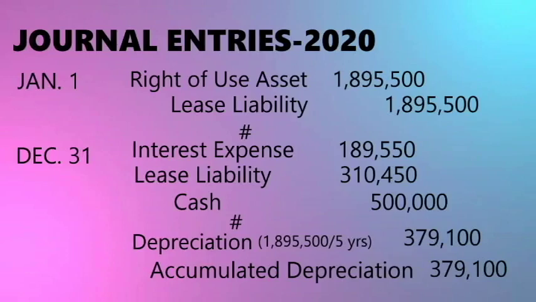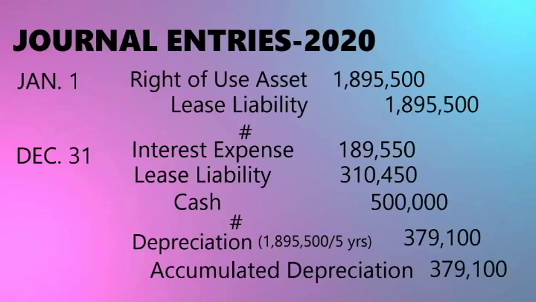So now, we will prepare journal entries for 2020. So January 1, mag-e-entry tayo dun sa PV na nakuha natin sa first step. So, debit right of use asset, which is amounted to 1,895,500, credit lease liability, 1,895,500. So, for December 31, i-record natin yung mga data na nakuha natin sa table of amortization ng December 31, 2020.